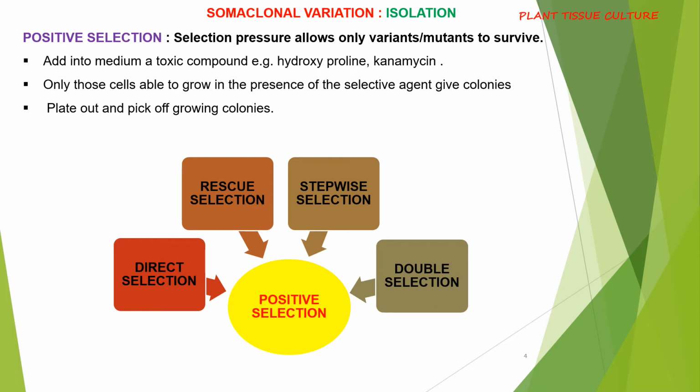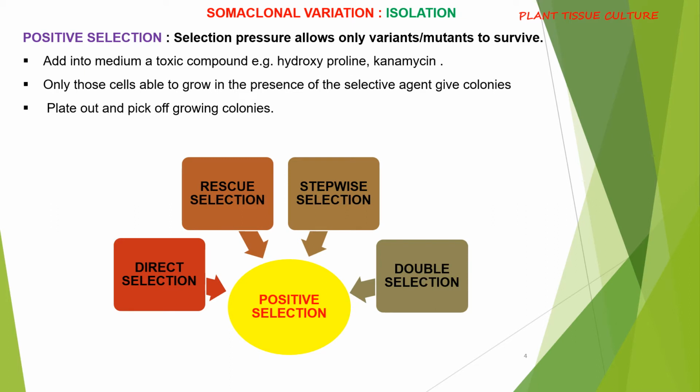Example, in case of selecting antibiotic resistant lines, for kanamycin, the media is supplemented with the compound kanamycin. Only those cells that are resistant to kanamycin would be growing. Hence, these colonies or cells can be screened and selected.